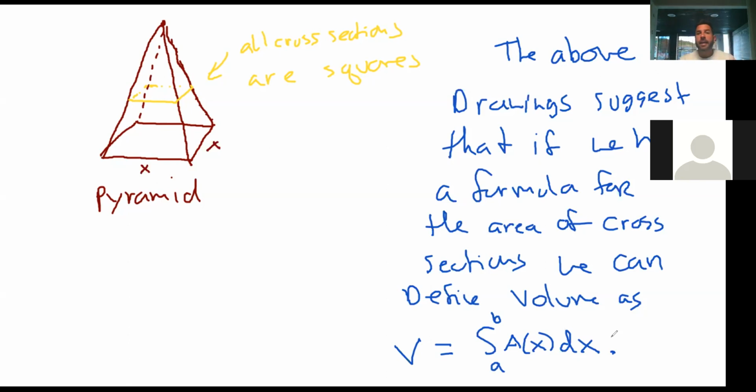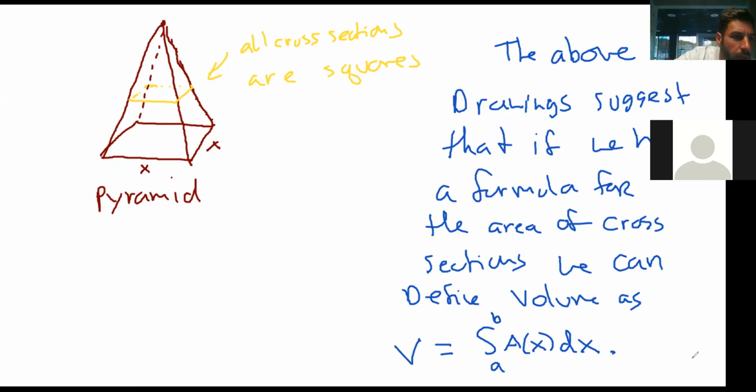But we learned back in Calculus 1 that if our function is continuous, if our area function, this A, is continuous, which it clearly would be for a square or a rectangle, or a circular region, then we know that the Riemann sum can converge to something when we take a limit. And in fact, we know what that limit is. That limit, by definition, is the integral.